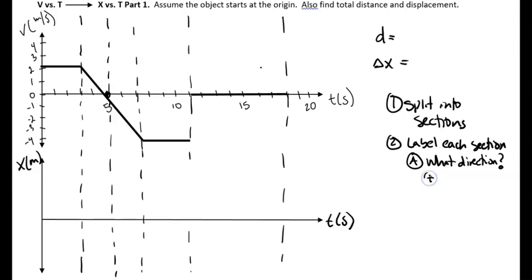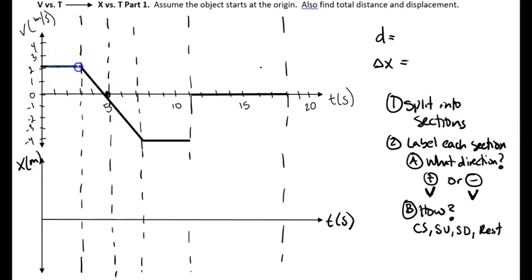Is the object moving in a positive or a negative direction? If the object is moving in a positive direction, the velocity is positive. If it's moving in a negative direction, the velocity is negative. And then I'm going to add how it's moving, whether it is at constant speed, speeding up, slowing down, or at rest.